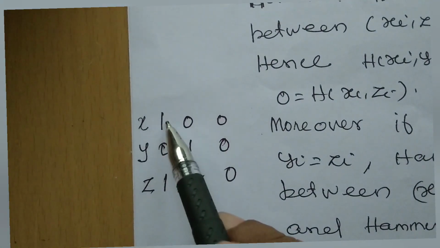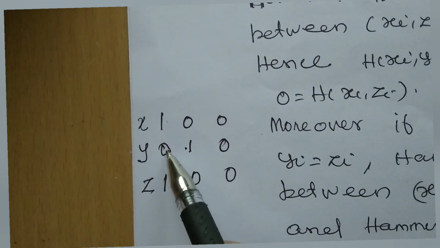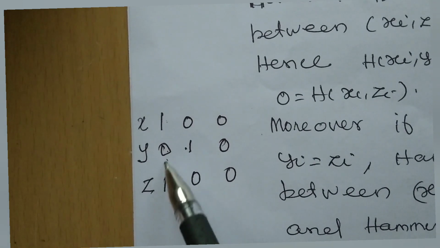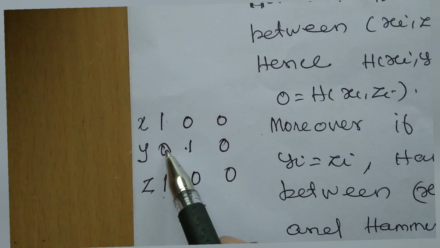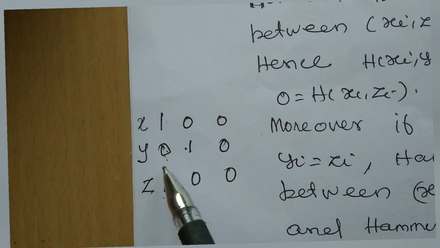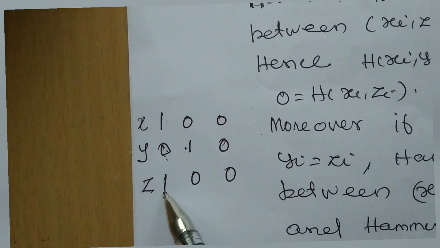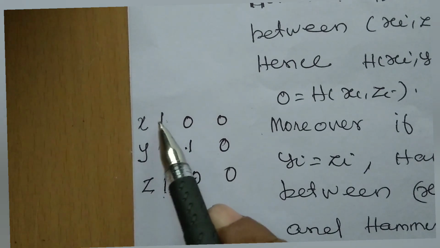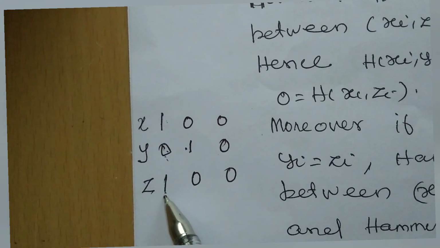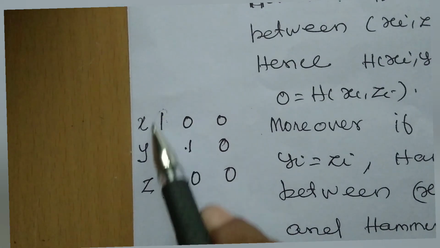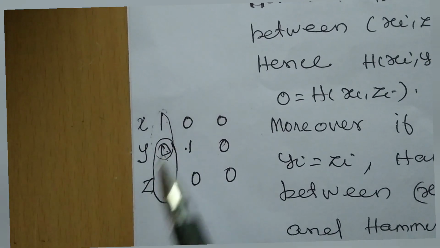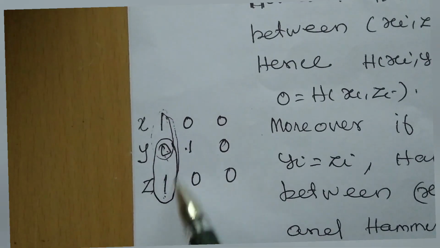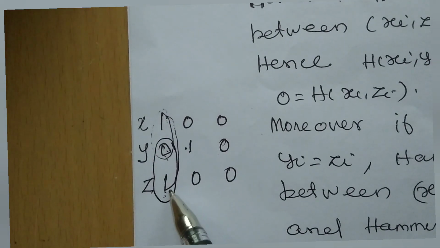So 1 is not equal to 0 and 0 is not equal to 1, that means xi not equal to yi and yi not equal to zi. That means xi equal to zi. So these two are not identical, and again, these two are not identical means automatically first and last are identical.